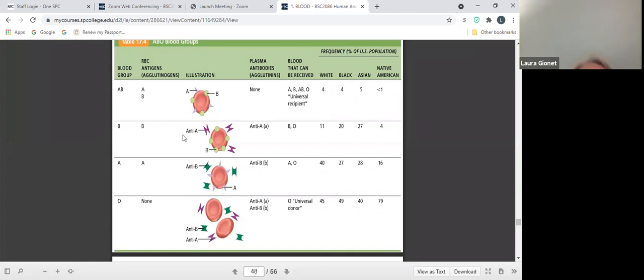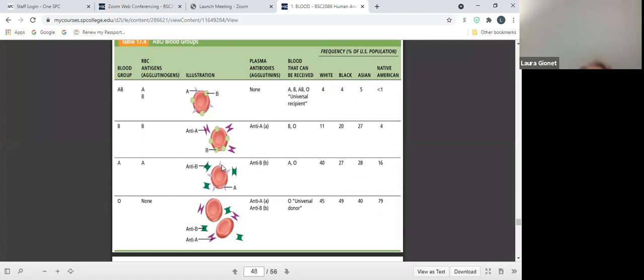Blood type B means you have B antigens alone on the cell surface. So we have those little green balls on the cell surface. So that individual will automatically make anti-A antibodies. Now this is going to make sense because let's look at blood type A and look at the shapes of A antibodies and B antibodies, and why, if you are blood type B, you're not going to make B antibodies.